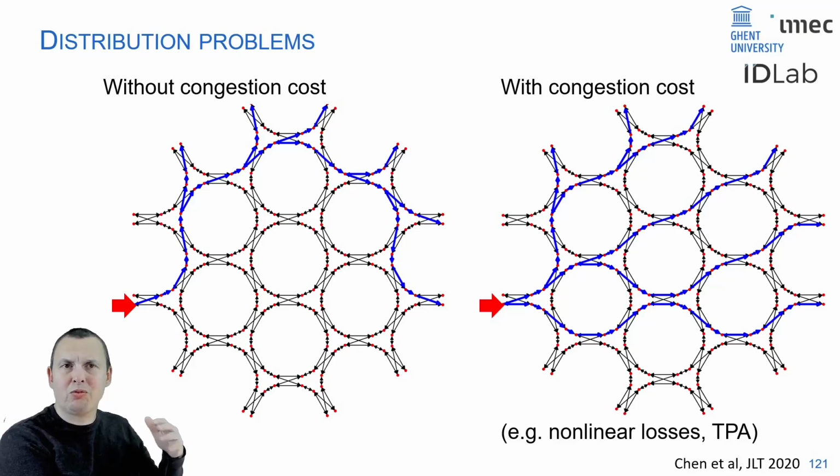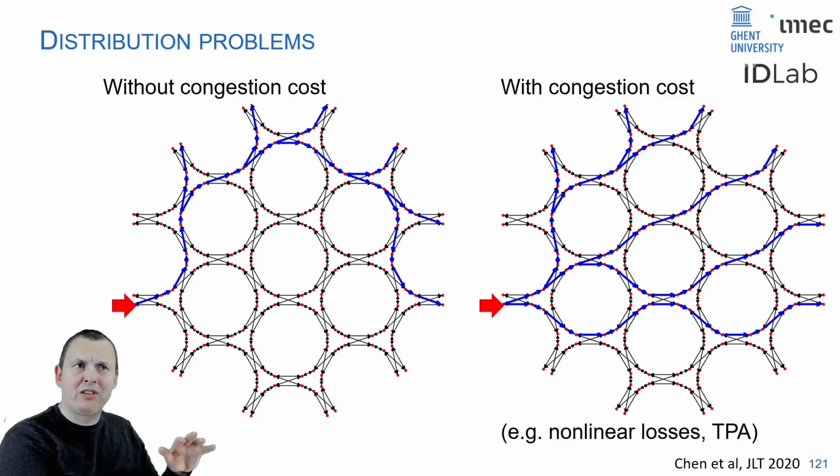In the left, we want to optimize the splitter to use the minimal number of optical gates, while on the right, we want to split as quickly as possible to make sure that our optical power in each gate is as low as possible, so we suffer the least possible from nonlinear losses like two-photon absorption.